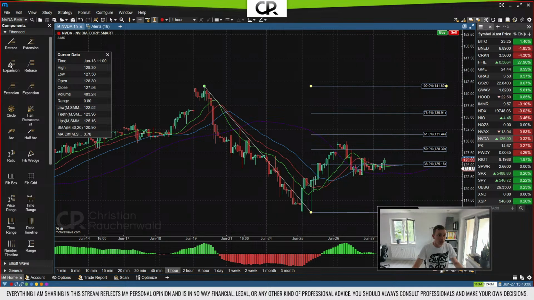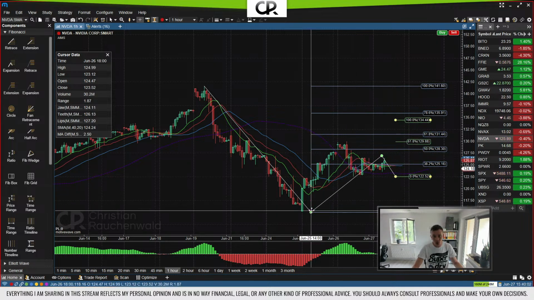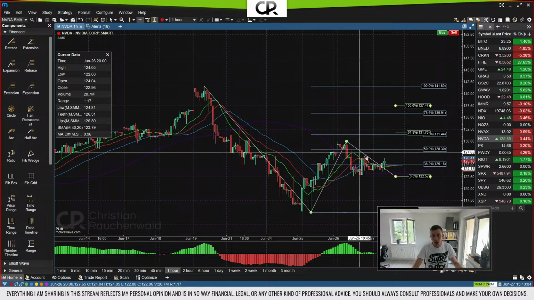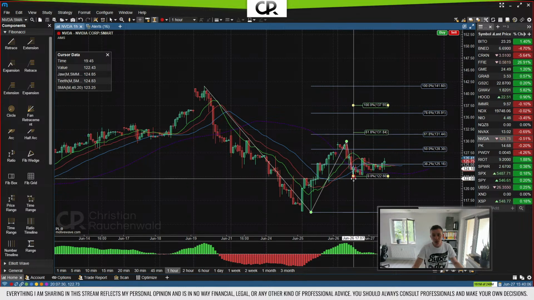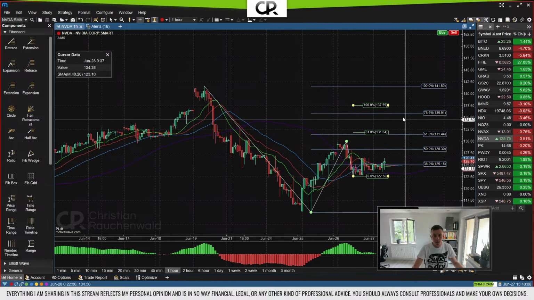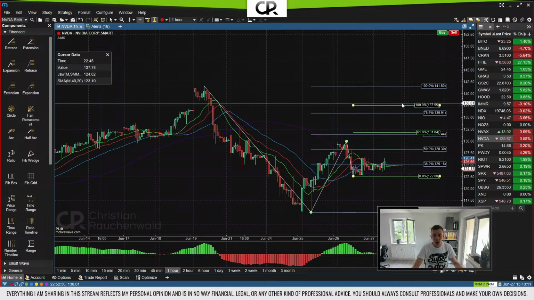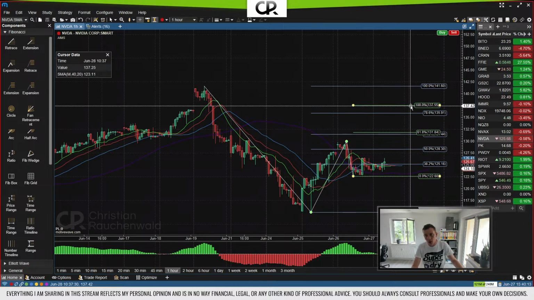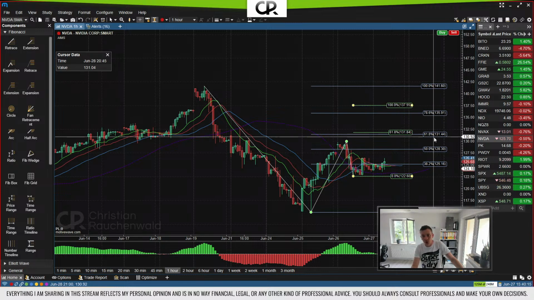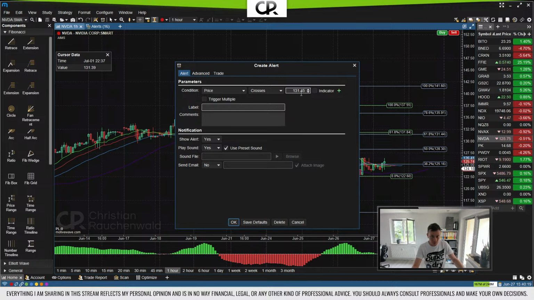And then under the assumption that we already finished wave A here, and that actually is already wave B finished, we would get another push up and would expect it to go at most to 137. I actually expected it to just go to 131 or so. So we're going to create an alert at 131.44.